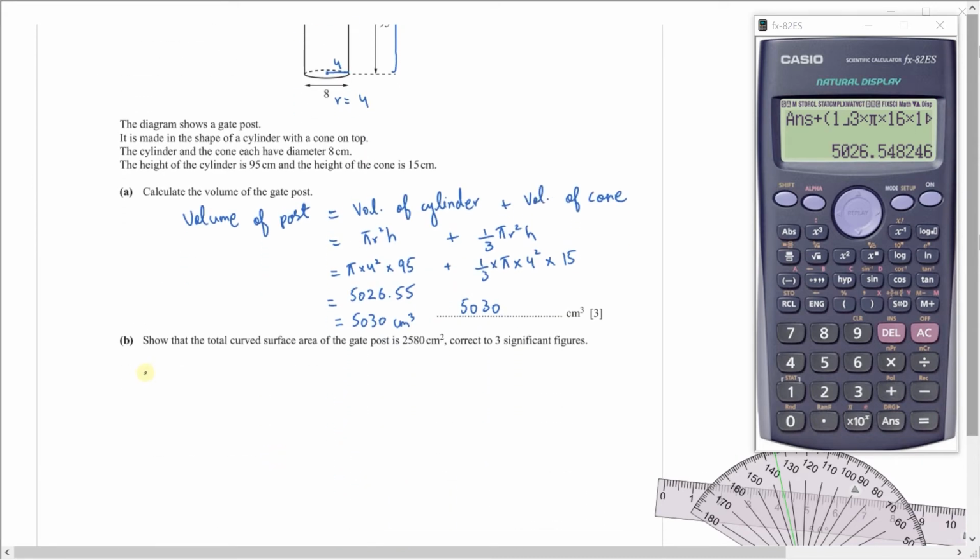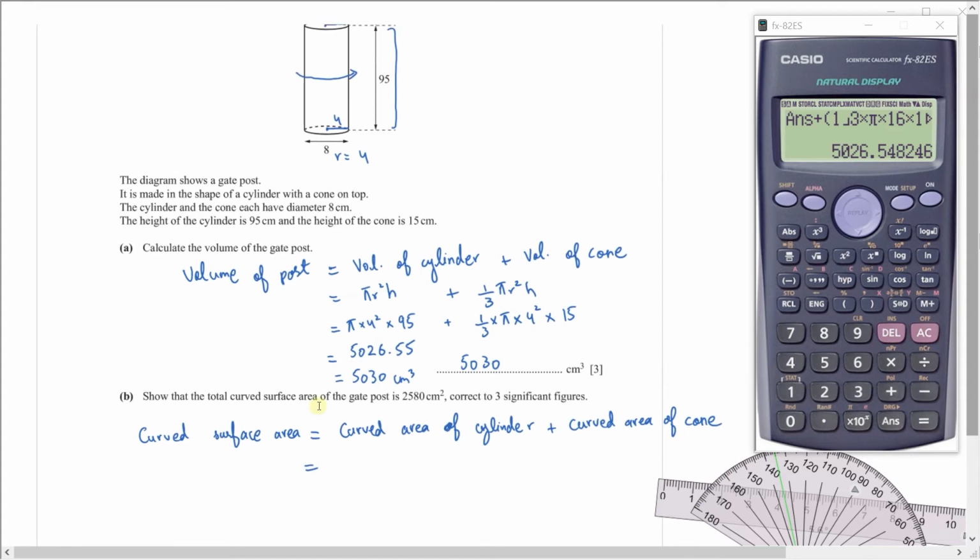So let's write down: curved surface area will be the curved area of the cylinder plus the curved area of the cone.